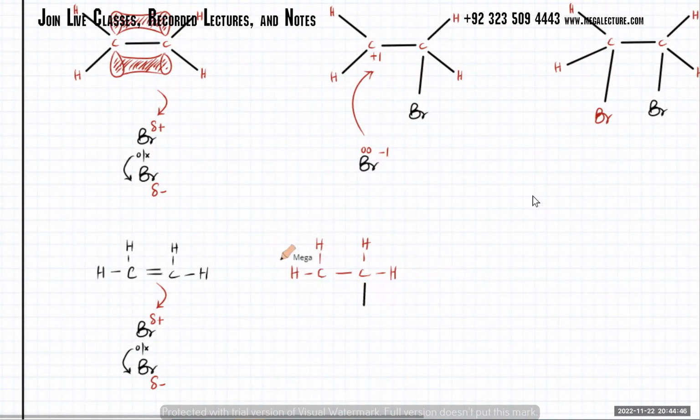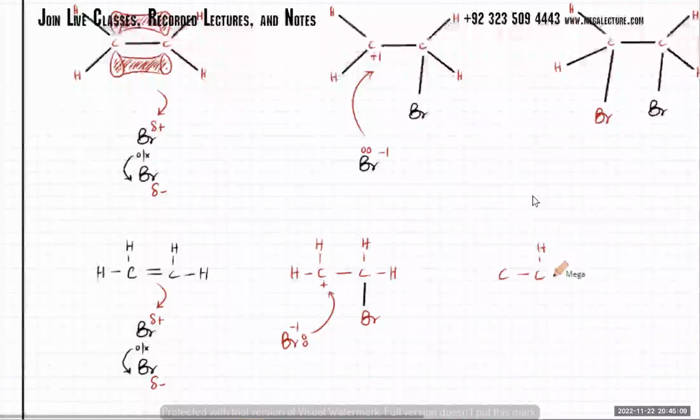Because one of the Brs, the positive one, stole all the electrons. And there's a Br minus one with its electrons, and since it's a carbocation, they're going to come in and join with this. Okay, so your molecule is going to be complete then.